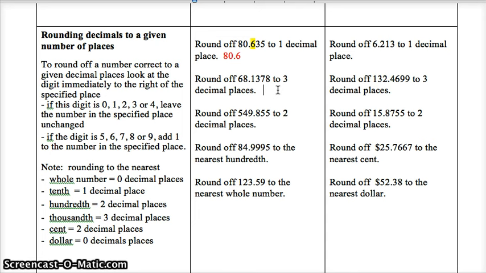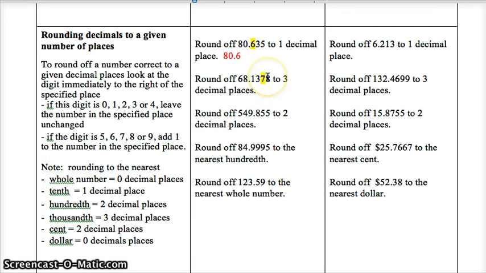Now with the second question, we have to round off 68.1378 to 3 decimal places. Well, what I want to do first is find my third decimal place. So my decimal places start after the decimal point. So 1, 2, that's my third decimal place. So the 7 is my third decimal place. So I have to decide, do I keep that 7 the same or does it go up to an 8?